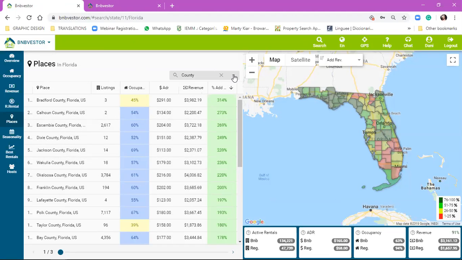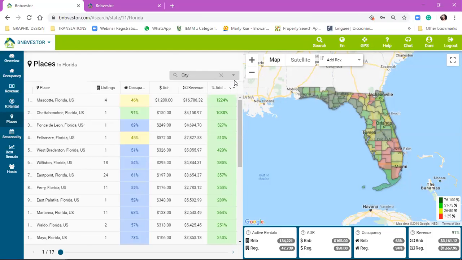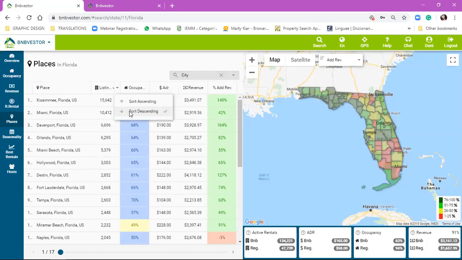Okay, so now I'm going to go ahead and select or change the distribution or the category of this into city. And I want to see the states. I'm going to go through all of them so you can see the top ranking cities in the state of Florida that have the highest listings, occupancy, ADR, revenue, and additional revenue.